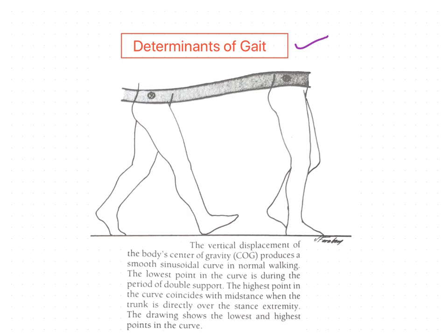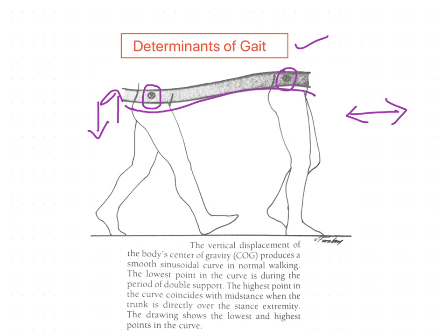The determinants are credited with minimizing the up and down and side to side movements of the center of gravity, here indicated as COG, and producing a smooth sinusoidal curve.